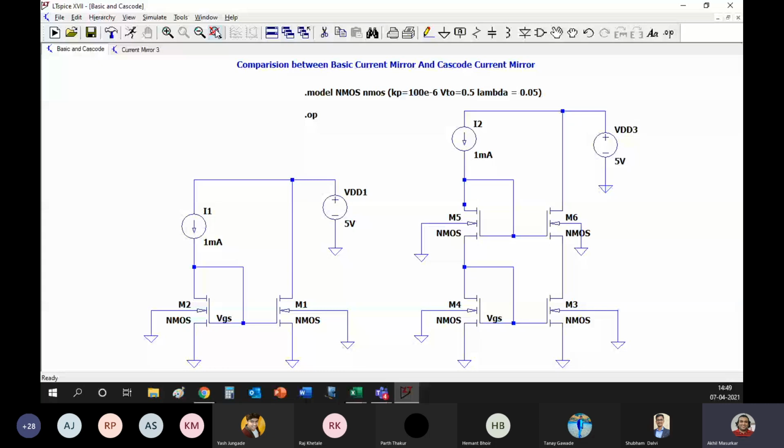Once you are done, just write done in the chat box. Any doubts, you can directly unmute and ask.